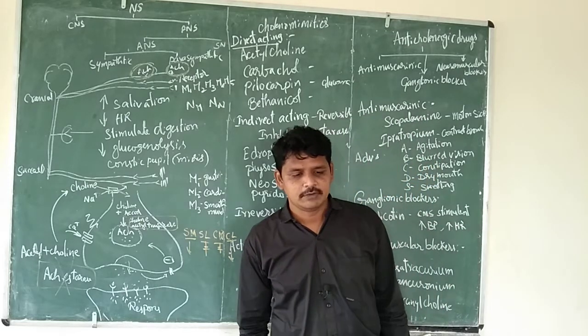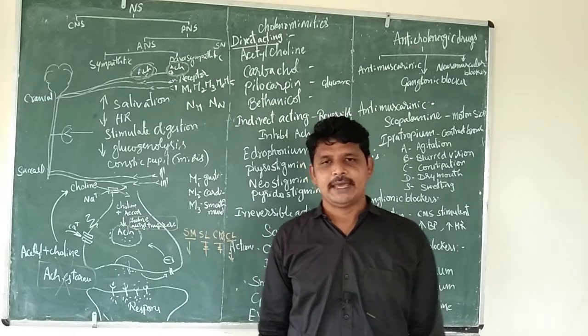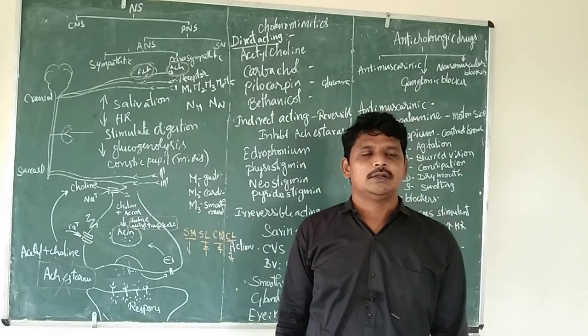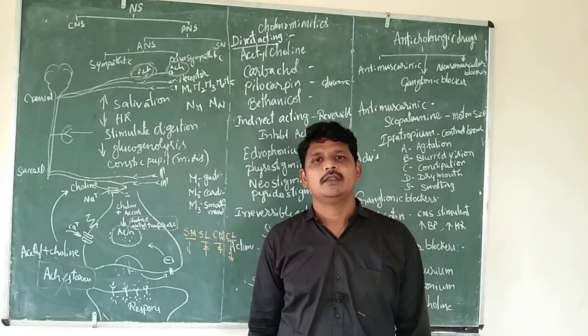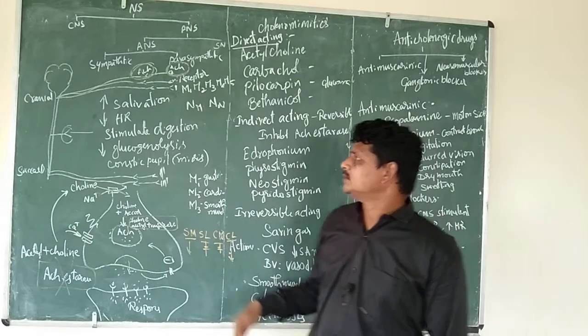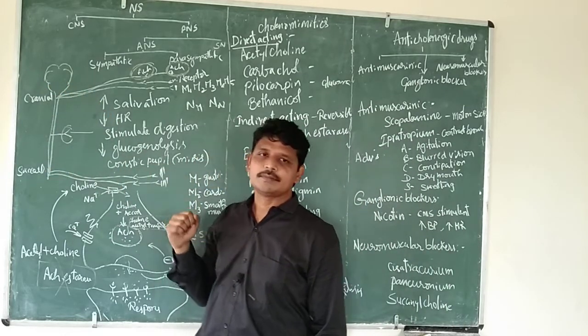Before going to that, first we will see the anatomical differences between the sympathetic and parasympathetic, then the neurotransmitter present and the different receptors. Assume this is the brain and this is the spinal cord.